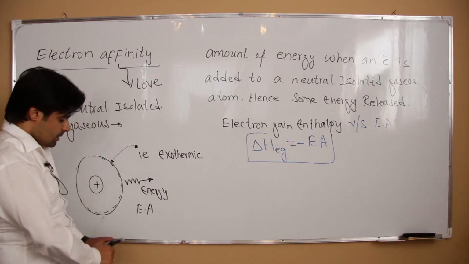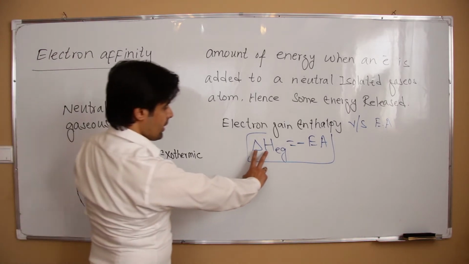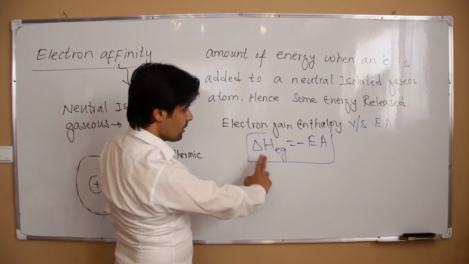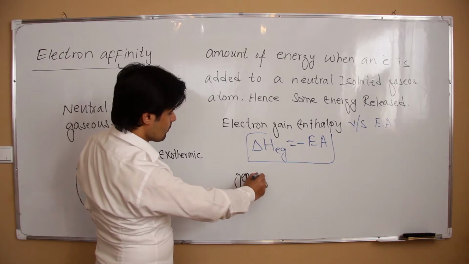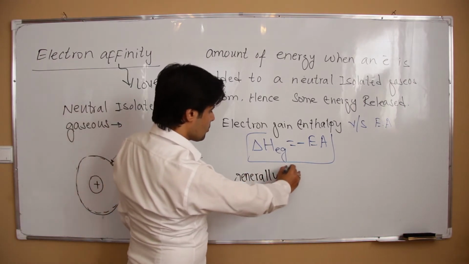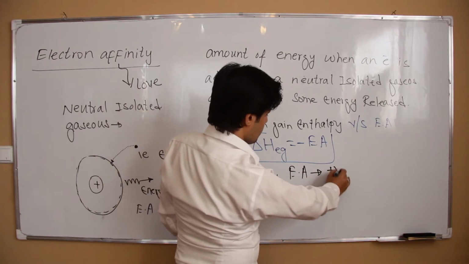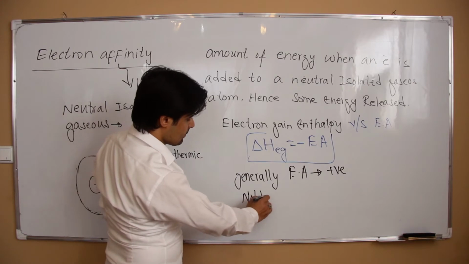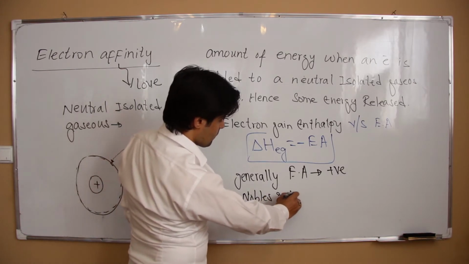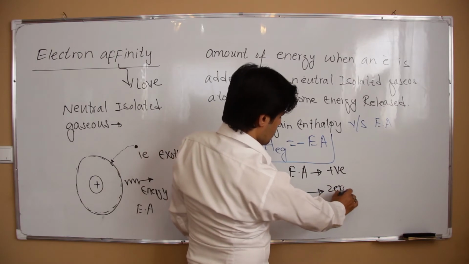If electron affinity is positive, delta H or electron gain enthalpy is negative. Generally, electron affinity is positive, but in noble gases it tends to 0.